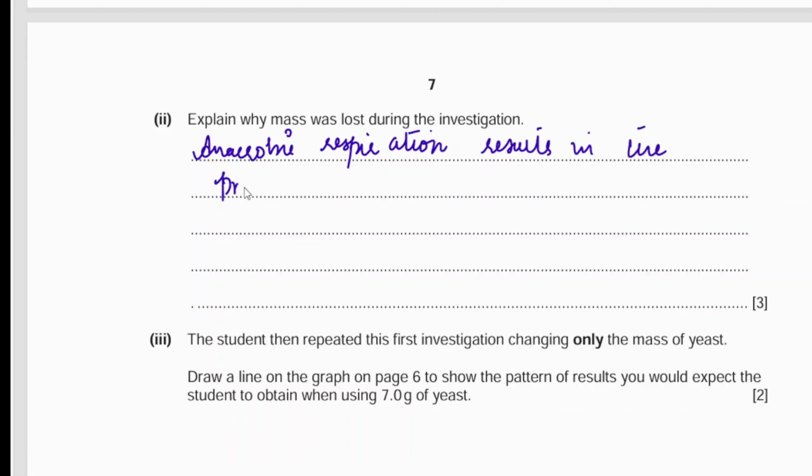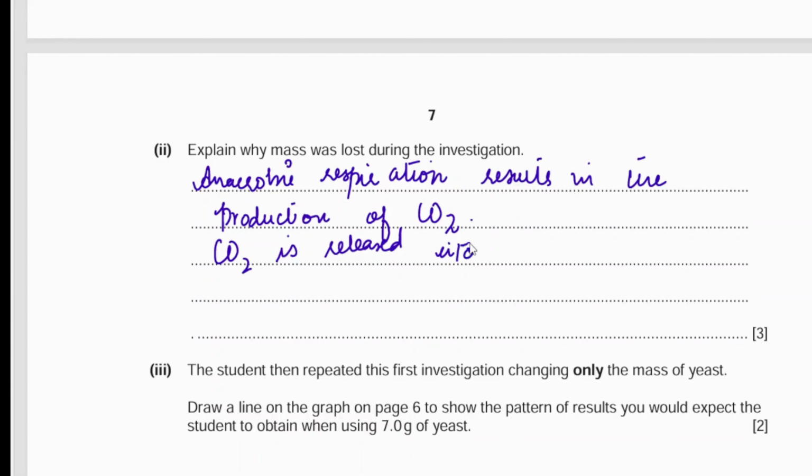Then next, carbon dioxide is released into the air. Then you have to tell where it is released. It is released into the air. That's why the total mass decreases.